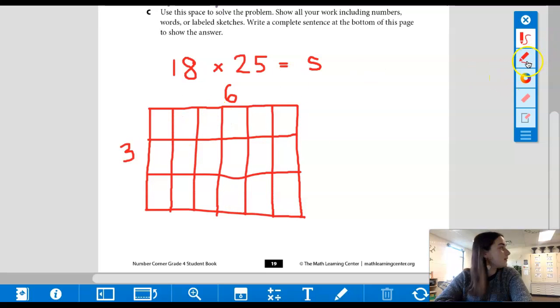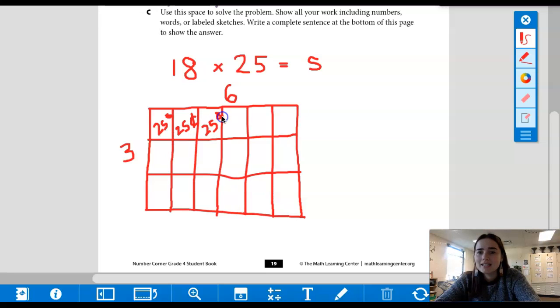Now we've got our 18 stamps, and we know that each of these costs 25 cents. Ask yourselves, what do we know about 25 cents?